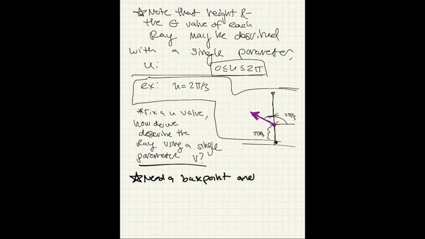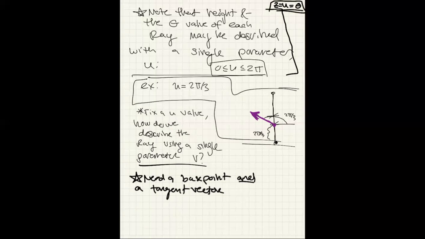Going back up here, this height and this theta are both described with u. So z equals u and theta equals u. If we fixed a u value, that means we've also fixed a z.